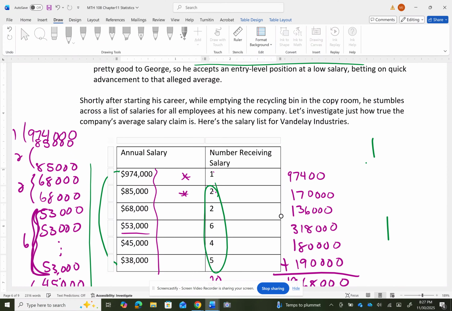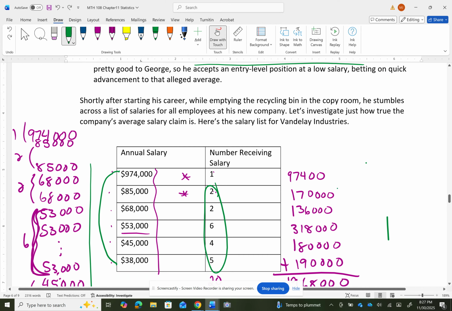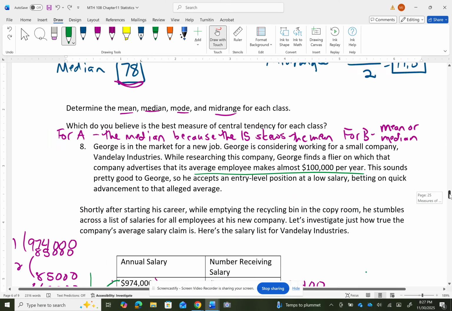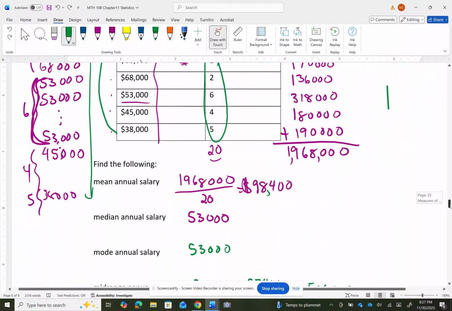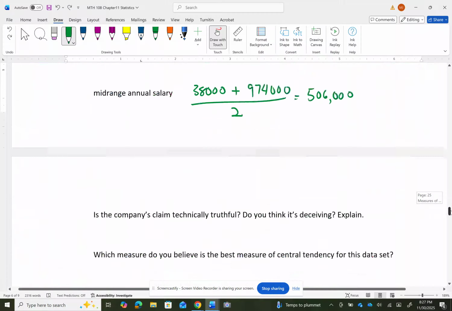Okay, so looking at this, was there anything wrong with them claiming that the average... All right, so it doesn't seem unreasonable for them to have made that claim. If you look at the values we got, their claim was that average employee makes about $100,000 a year, and the mean turned out to be almost $100,000.